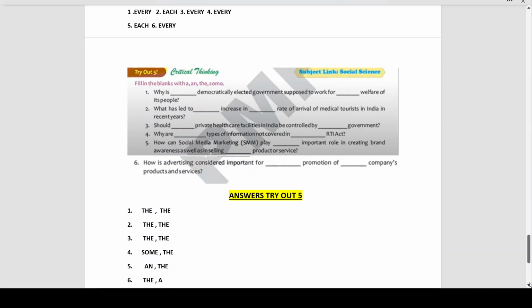We don't know what product, it is some general product or service, therefore the indefinite article a is used. Number six, how is advertising considered important for the promotion of a company's products and services? For the promotion, because specific. A company, any general companies, products and services.